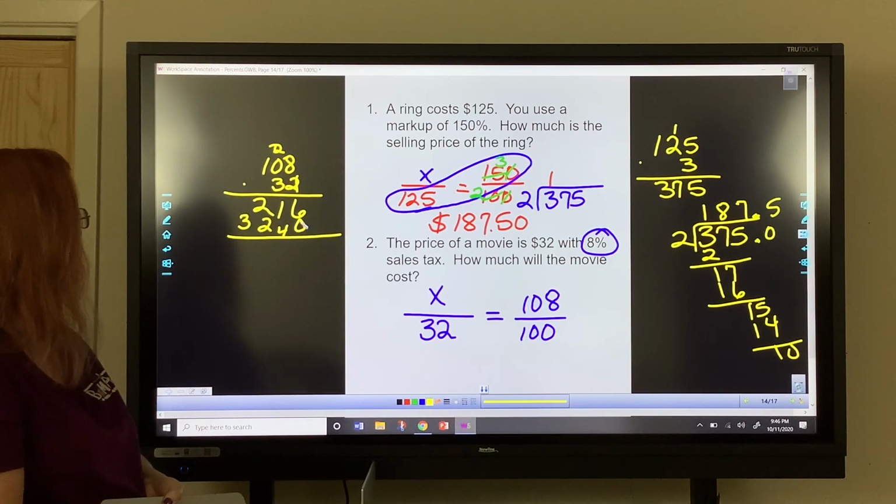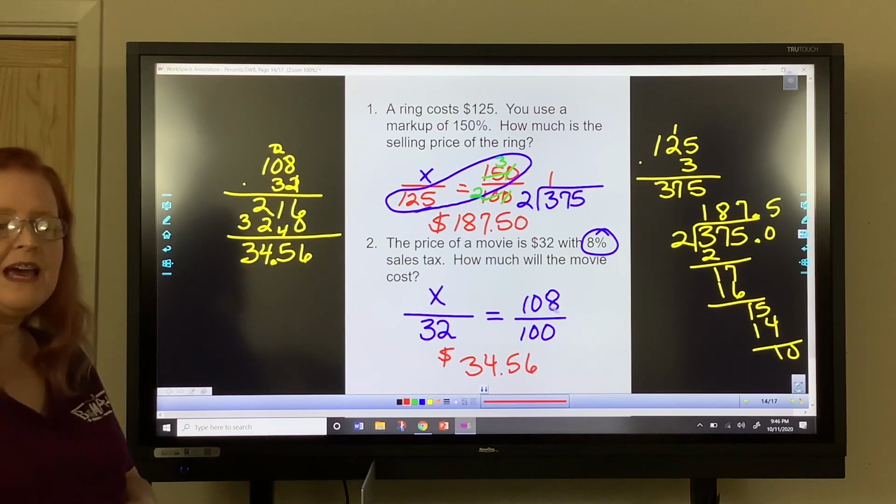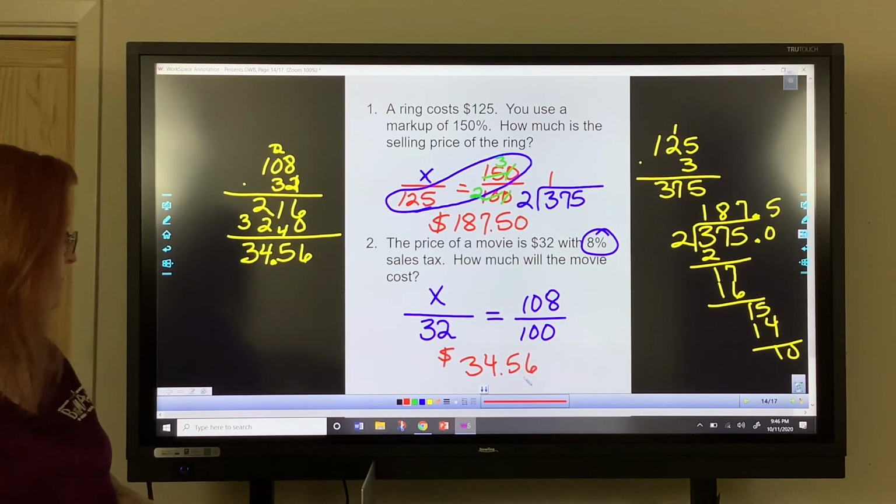Bring it down. So 6, 5, 4, 3. And so you end up with $34.56 is the price of your movie ticket after paying tax.